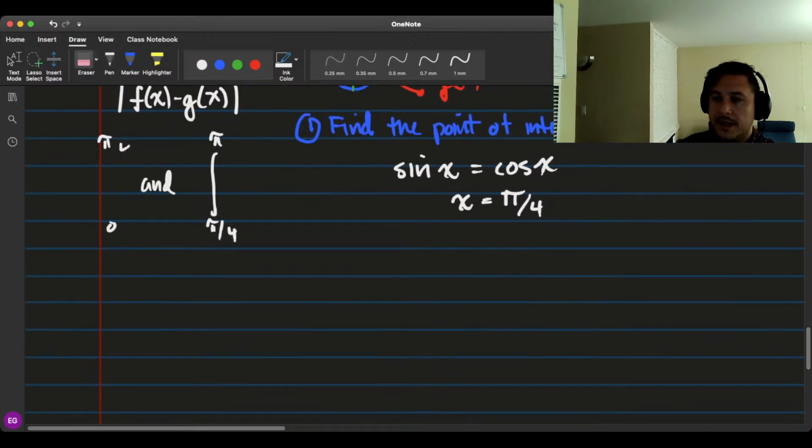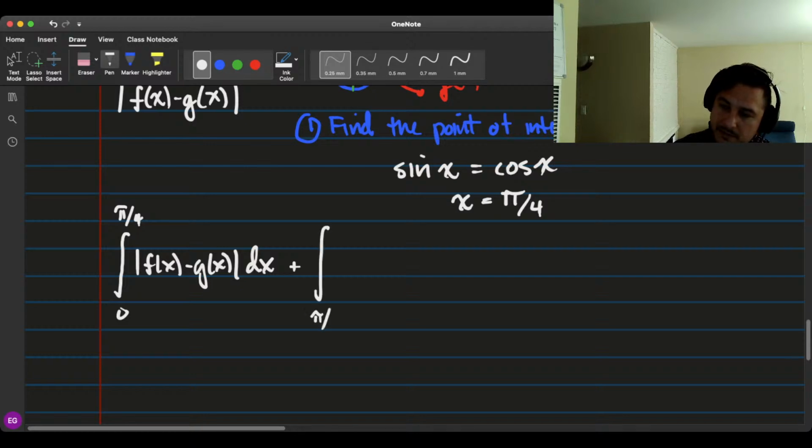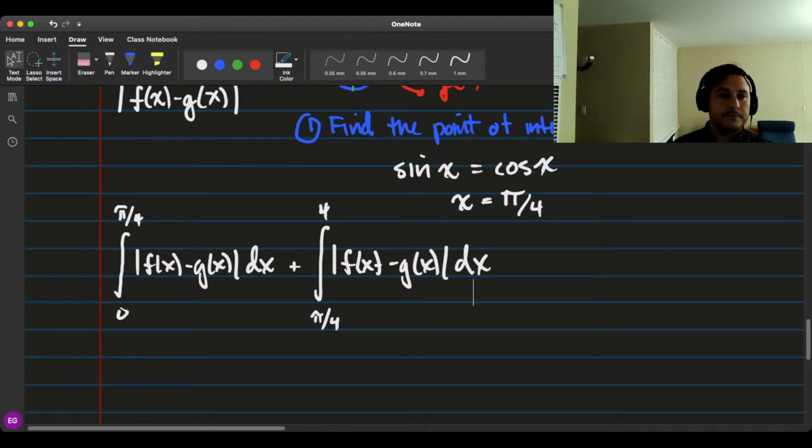So let me scroll down and write that. Our problem is now going to become: integrate from 0 to pi over 4 the absolute value of f of x minus g of x, plus integrating from pi over 4 to pi the absolute value of f of x minus g of x. Cool.